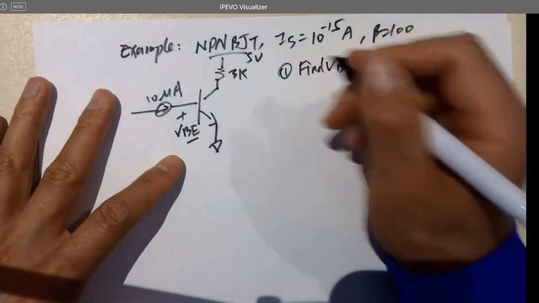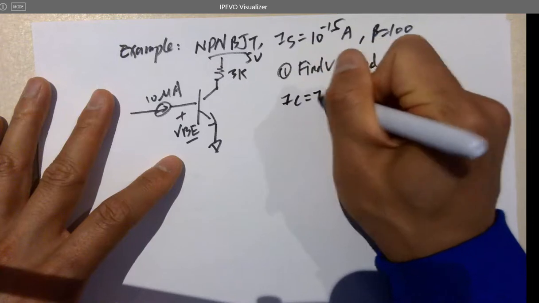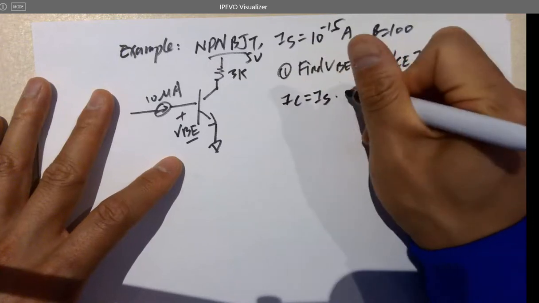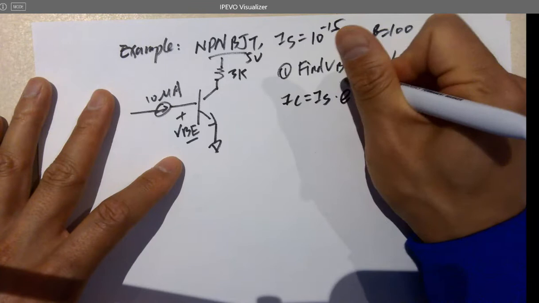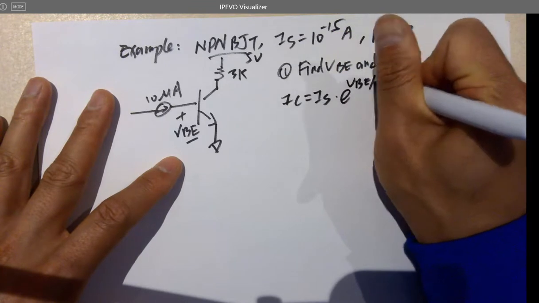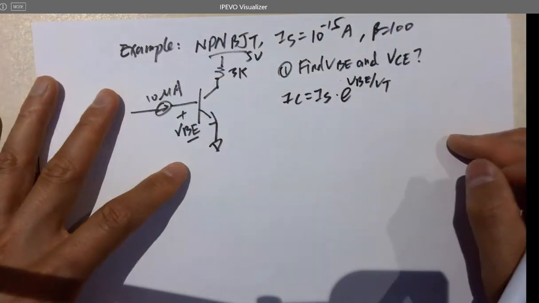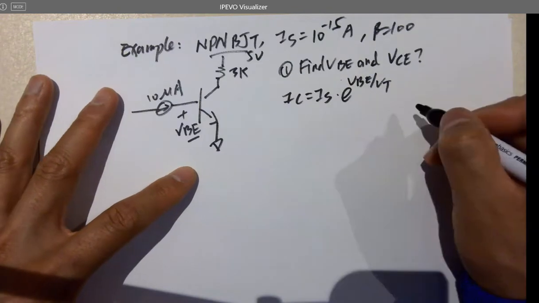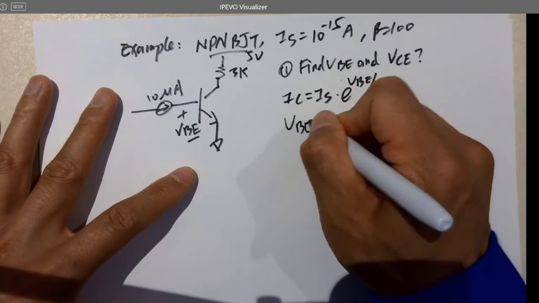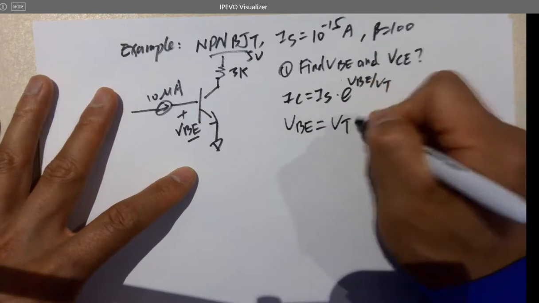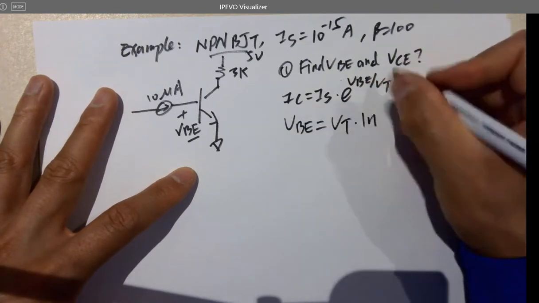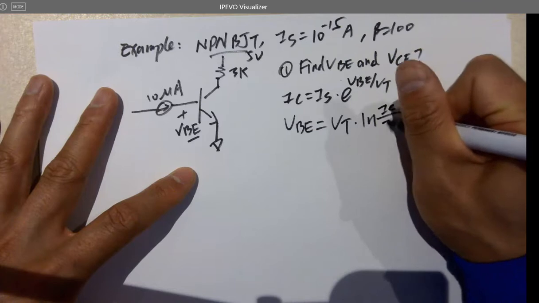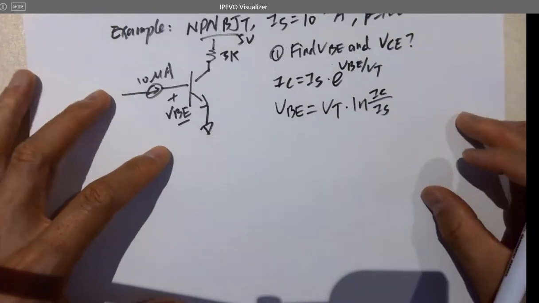The equation here is IC equals IS times e to the power of VBE over VT. From this equation, we know that VBE is VT times the natural log of IC over IS. Is that correct?